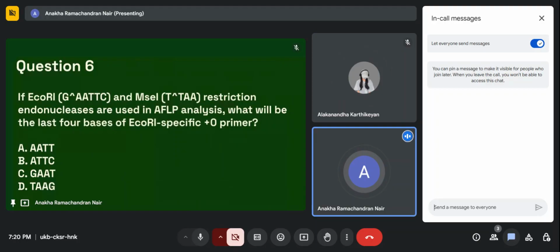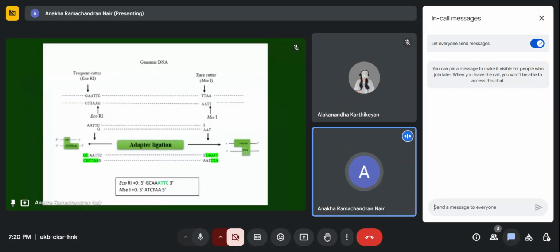Okay, so if you remember from Sir's classes, we're talking about AFLP, right? AFLP has a particular way it works, right? So you have, in this case, frequent cutter EcoR1, rare cutter MSE1, right?